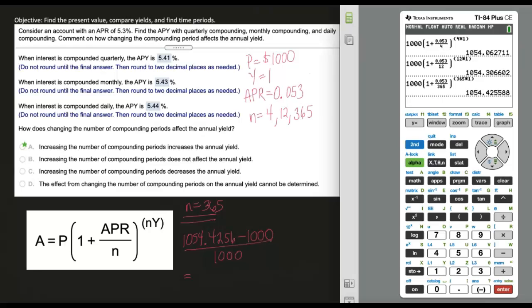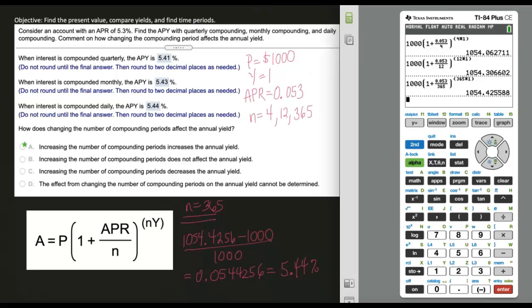And performing this operation to get that percent change, that would be 0.0544256, and written as a percent, rounded to 2 places, that will be 5.44% APY. And again, that was when the interest was compounded daily.